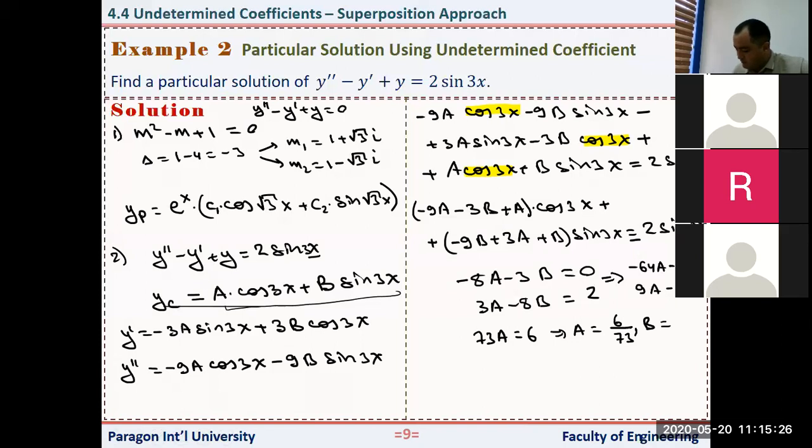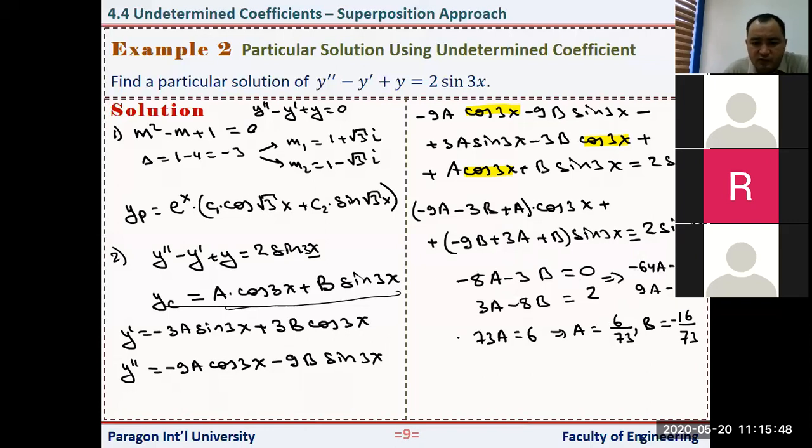That's equal to minus 16 over 73. All right. If it is wrong, check your calculation in case you made a mistake. I'm not sure about this fraction. But anyway, we have just found this.